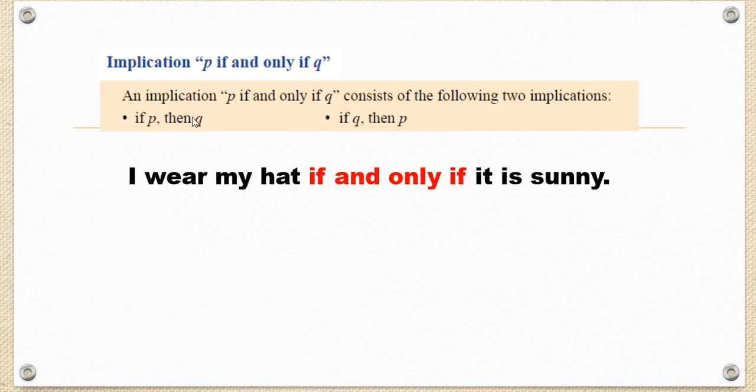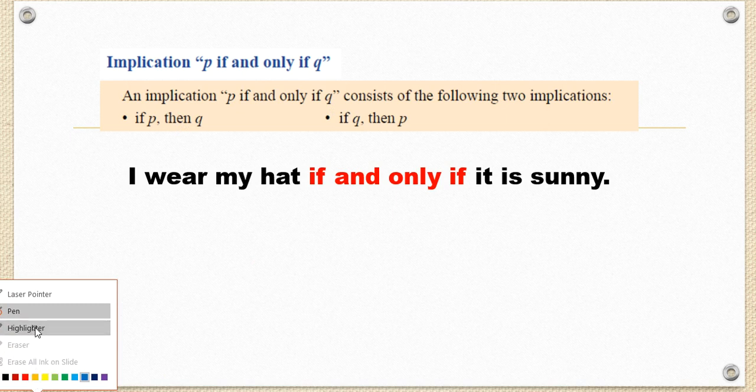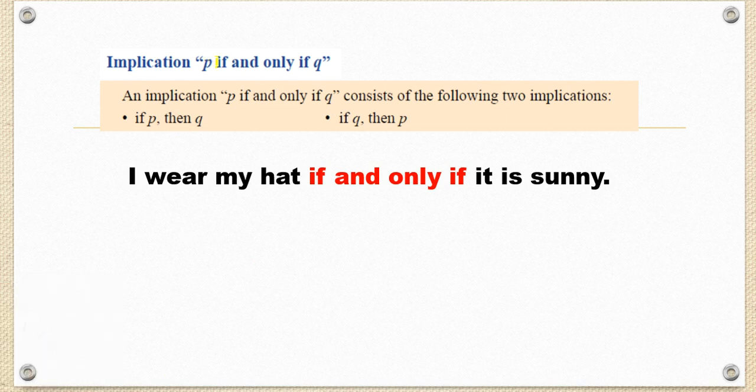Now we have another type of implication. It is a little bit different from the previous type, because you will always see the words if and only if: P if and only if Q. Look at this example: I wear my hat if and only if it is sunny.